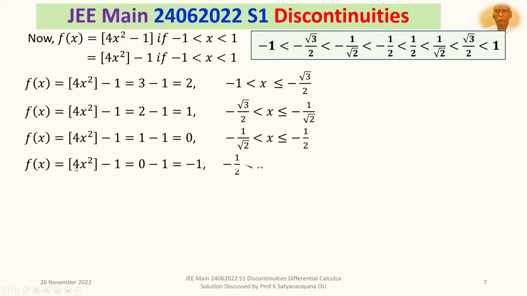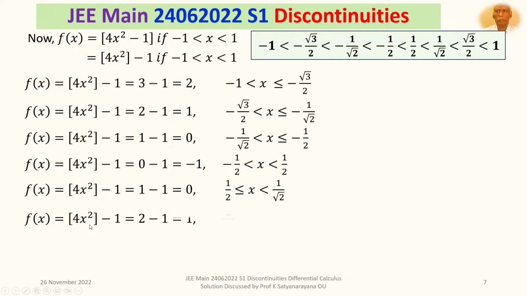So f(x) = [4x²] - 1, in this interval [4x²] is 0, minus 1, and that is -1. So f(x) = [4x²] - 1 will be 1 - 1 in this interval, 1/2 ≤ x < 1/√2.